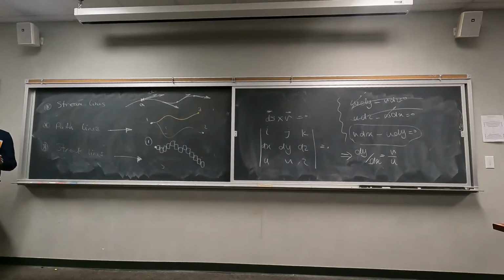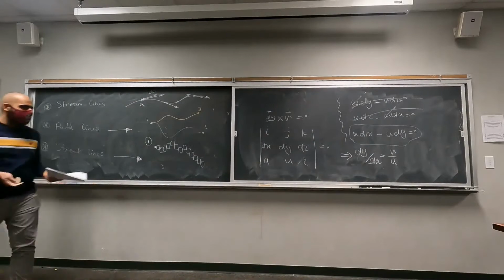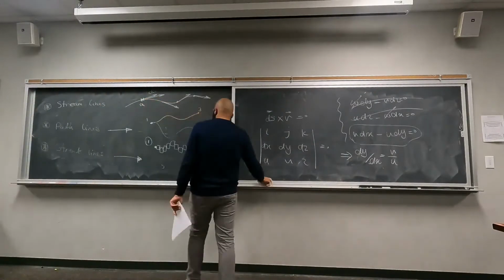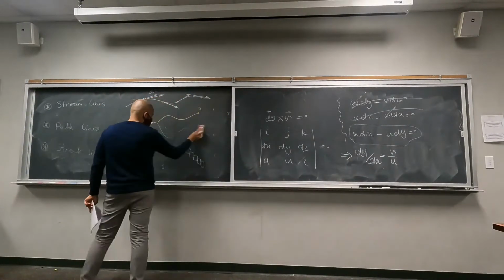Okay, so I'm going to talk about one more concept, or we can actually talk about it in the next lecture, but it's an important concept. It shouldn't take more than 2 or 3 minutes. Okay, let's do it. A stream function.